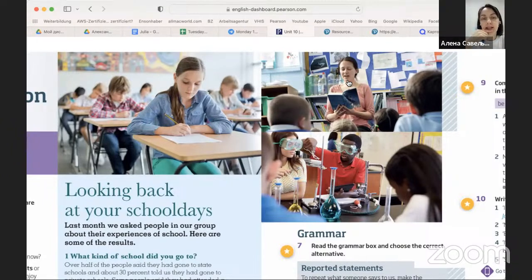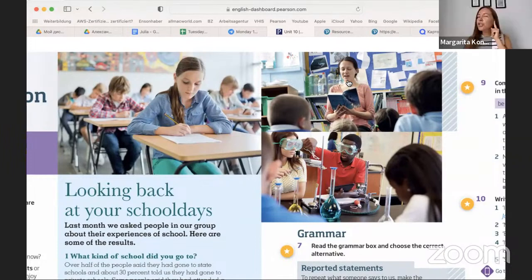Maybe it is a class of literature because the teacher is reading a book. The teacher is reading a book, and I think it's an art book or a classic. That is like classical literature, yeah.